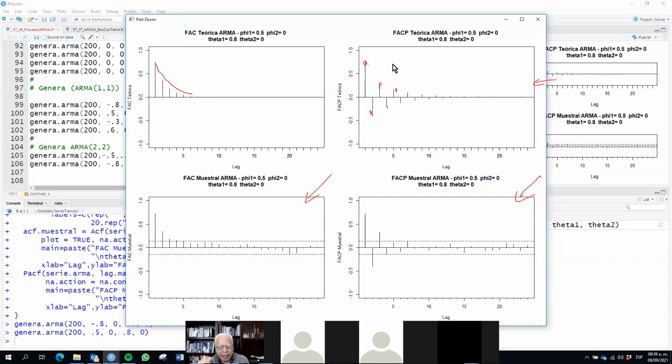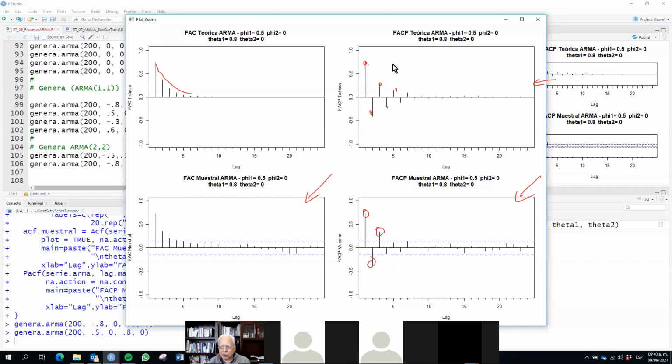Here, if we knew that this was a pure AR model, we would fit an AR(3) model based on this data, because the first 3 autocorrelations are different from 0.